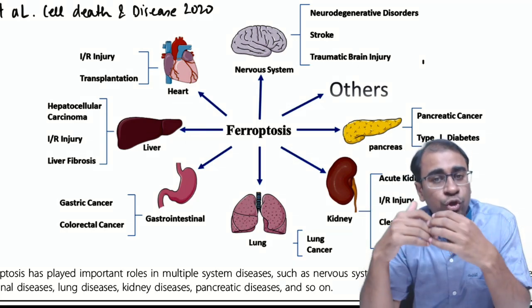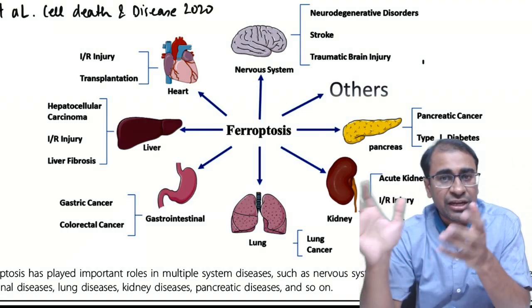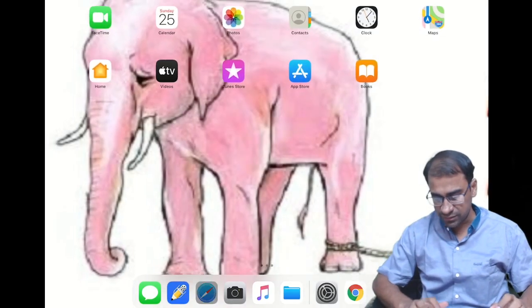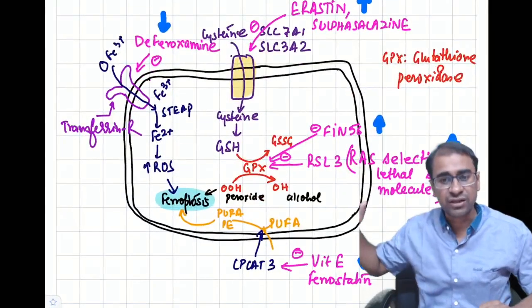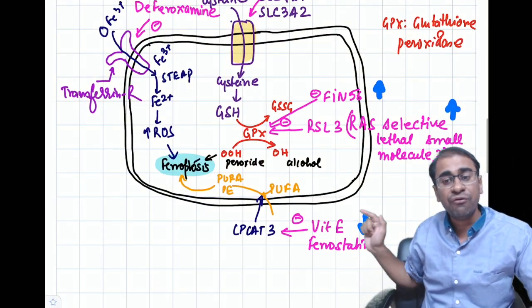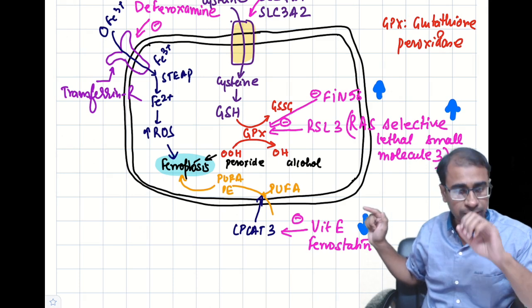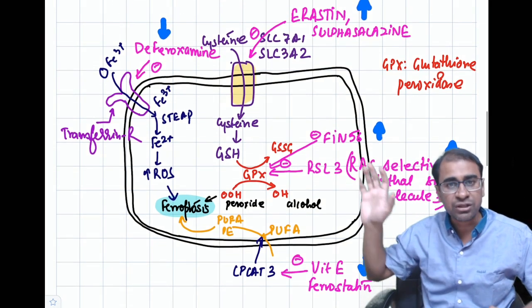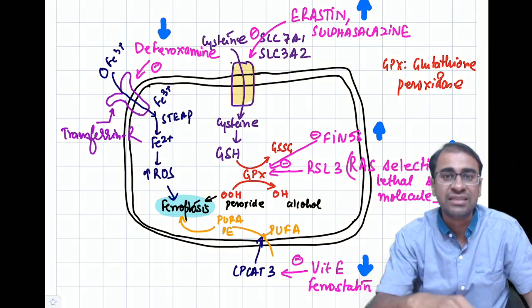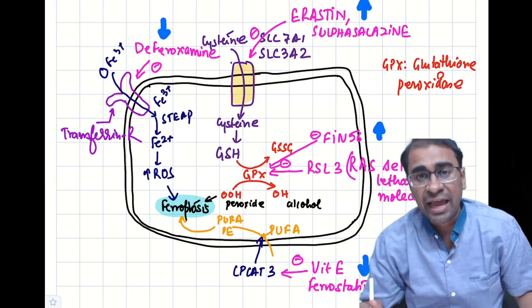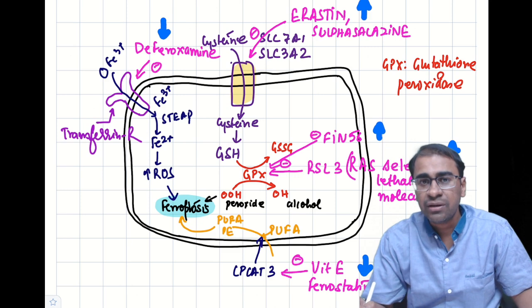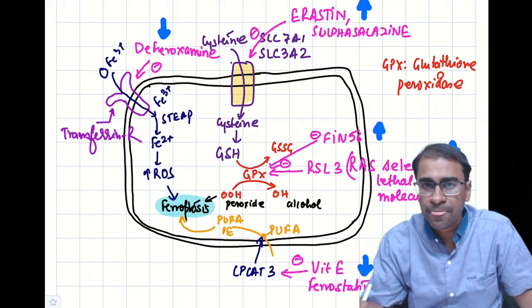Well, when you know this, can we go a step ahead? Yes, you can, by stating that if you are able to give drugs like vitamin E, ferrostatin, and deferoxamine, they should have a decreased effect on ferroptosis and therefore should have some therapeutic role to play, isn't it?